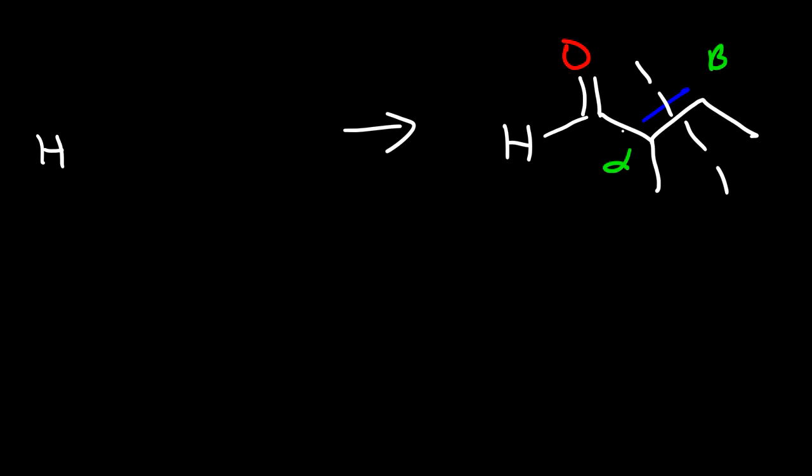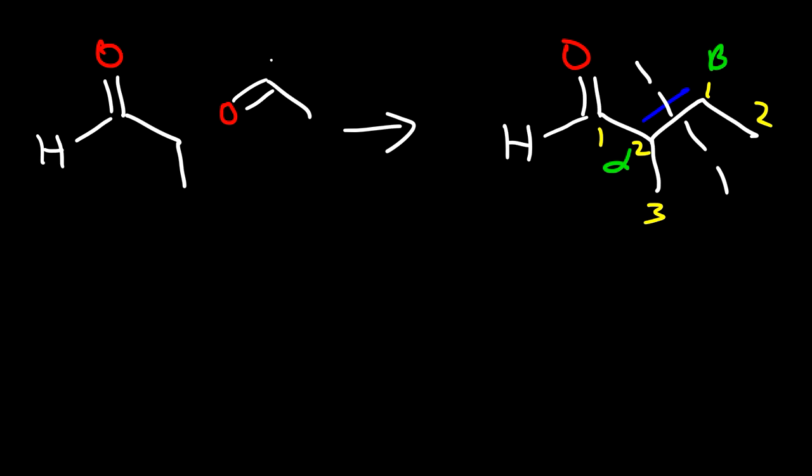On the left side, if you count it, it's going to be a 3-carbon aldehyde, which looks like that. And on the right side, all we have is 2 carbons, 1 and 2. So we have a 3-carbon aldehyde reacting with a 2-carbon aldehyde. That led us to get this product.